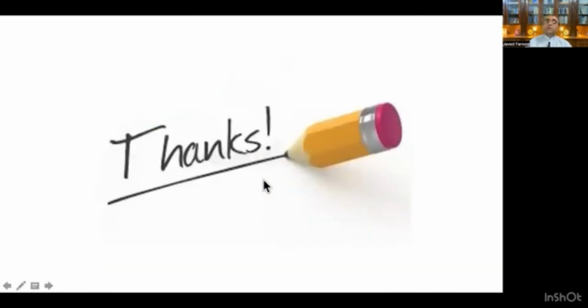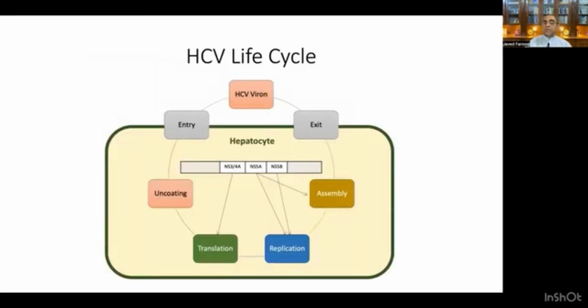So, dear colleagues, I think I have made the point clear that the NS3/4A, NS5A and NS5B are important because the three main steps, which are translation, replication, and assembly, are controlled by these three parts of the hepatitis C virus genome, and the drugs affecting these three parts interfere with the life cycle through these three mechanisms.